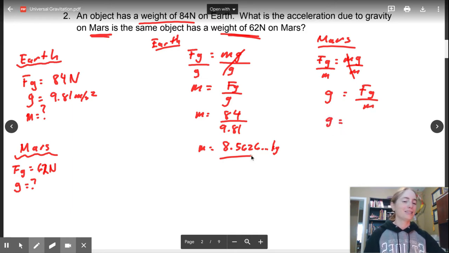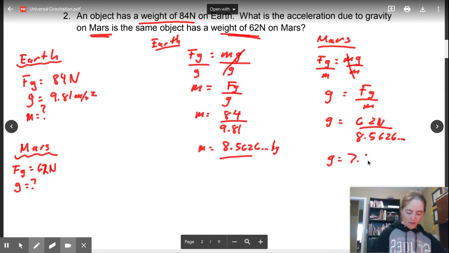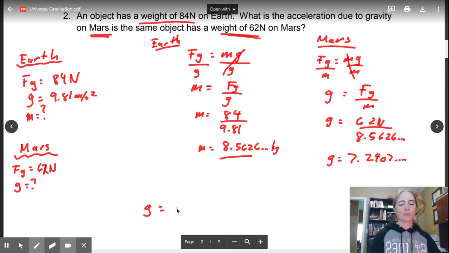Now I can use this mass over here. So my 62 newtons from Mars, I can divide that by my 8.5626... Use all numbers in your calculator. Do not round until the end. And G on Mars, 7.2407... All right. Let's get our answer written up with sig digs, units and all that jazz.